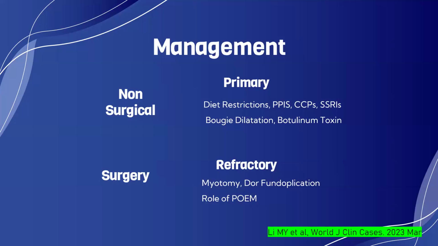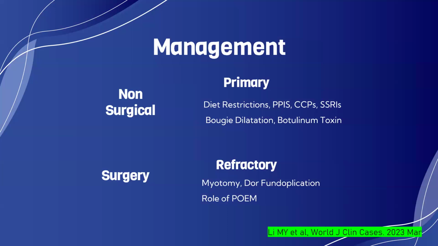Finally, POEM has been largely used for achalasia, but it has also been used in some cases of non-achalasia spastic disorders such as diffuse esophageal spasm.